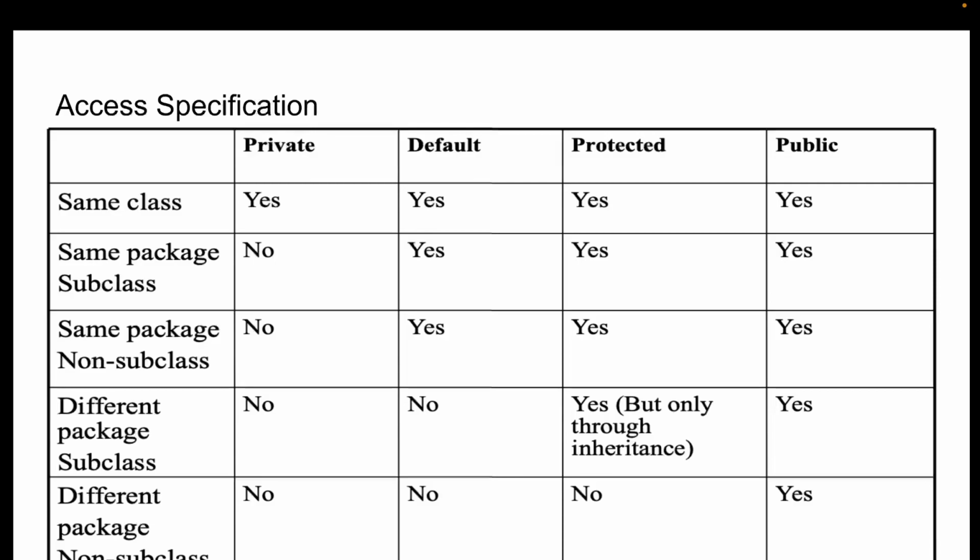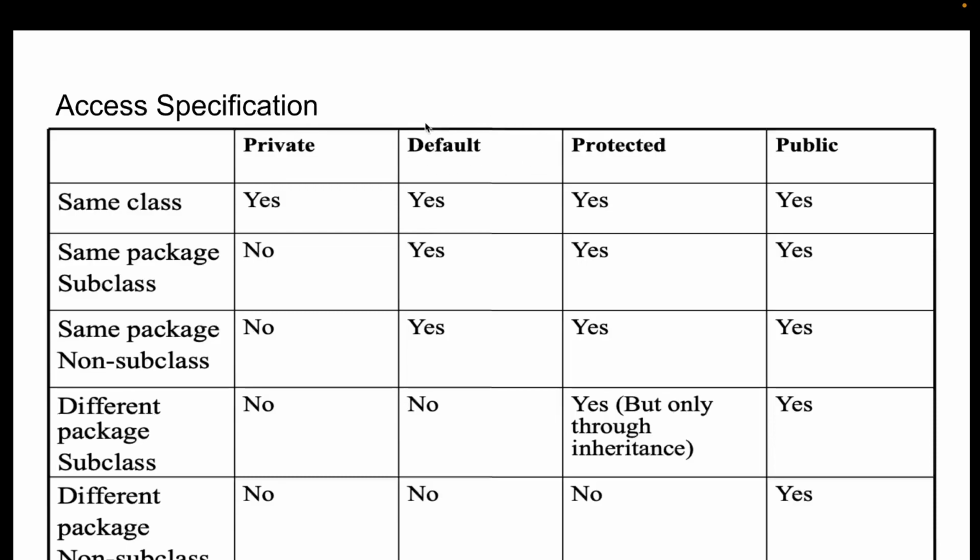That will be accessible only in the class you create. It will not be accessible anywhere else. Even if it is in the same package and you have a different class, it will not be accessible. Any private method or private variable that you create will be accessible only in the same class.